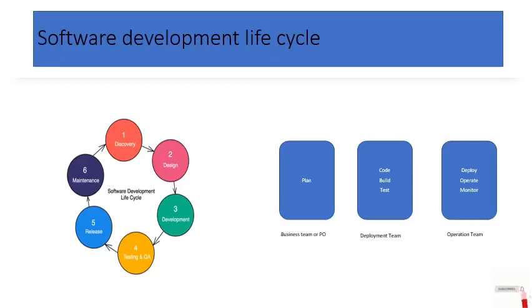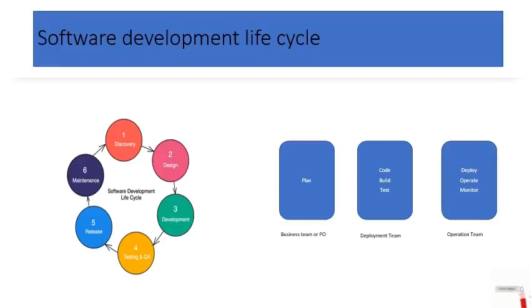So first we have the plan. For the planning of any project, we have a different team. We can say that these teams come under the business team or the product team. The product owner sits with the client and works on the planning part of the product. Then we have the development team. The team includes developers and testers.